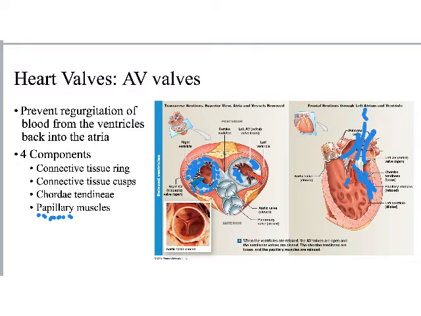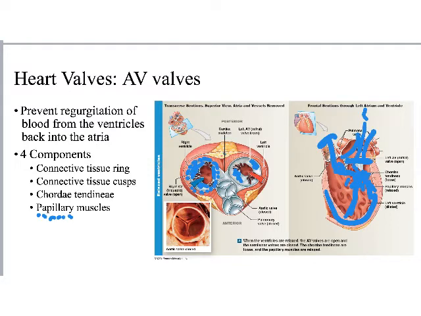Okay, so the purpose of valves is so that when this chamber contracts and blood wants to move back into the atria, it hits the backside of these valves and it closes the valve. And that prevents blood from going back into the atria. So it forces the blood then to go out through the semilunar valves into the place where it's supposed to go.